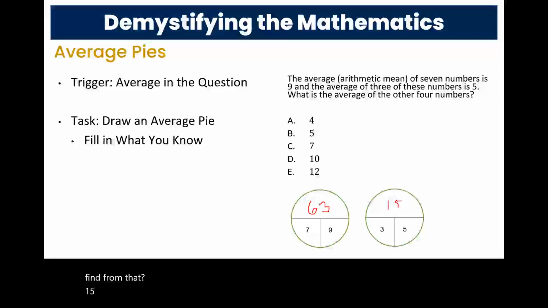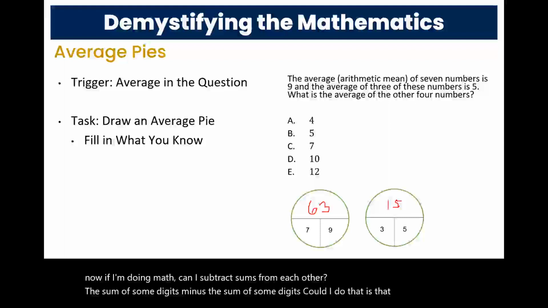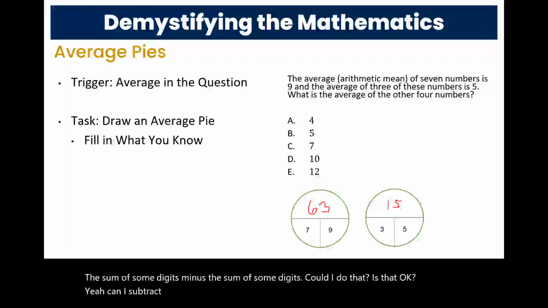Now, if I'm doing math, can I subtract sums from each other? The sum of some digits minus the sum of some digits. Could I do that? Is that okay? Yeah. Can I subtract the number of objects from each other? 100%.